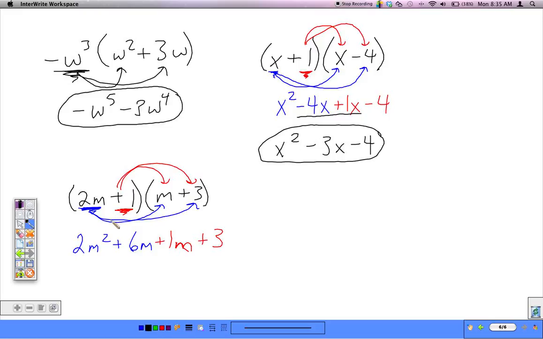Notice once again that our inside terms can combine. So 2m squared has no like terms. Positive 6 plus 1m is positive 7m. And positive 3 has no terms to combine with, so it stays as positive 3. This is as good as our answer can get.